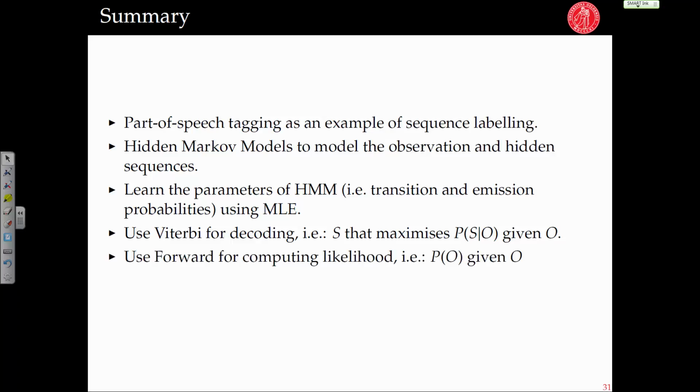And we use the forward algorithm for computing the likelihood, meaning that if we want to use an HMM as a language model, we would be using the forward algorithm for computing the likelihood of an observation. I think that was all.